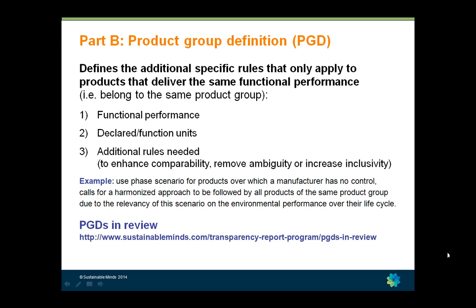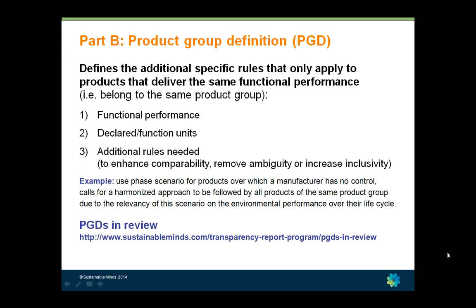And to give an example of a current product group definition document that is in review, we're working on some sanitary products right now, and in these sanitary products, based on early LCAs and based on experiences in earlier PCRs, we saw that the use phase was very relevant. The use phase is something that is not under control by a manufacturer.